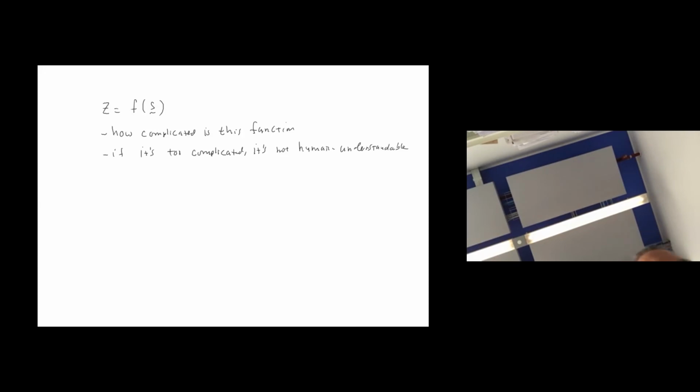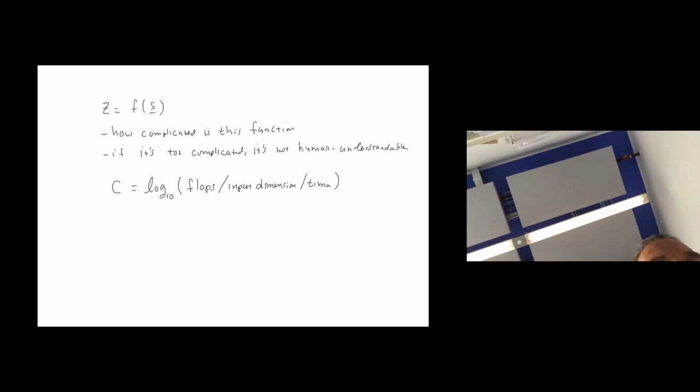So what do I mean by complicated? I'm going to measure complexity, C, as log, we'll do log to the base 10 so we can easily interpret it, of flops, floating point operations per input dimension per time, say.